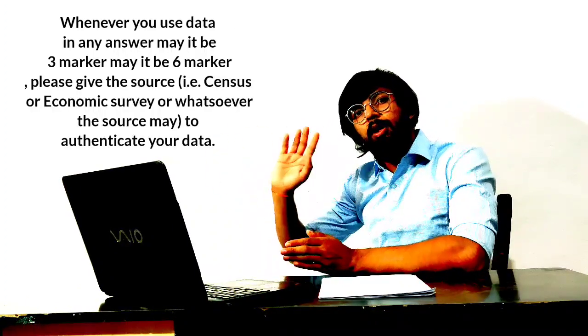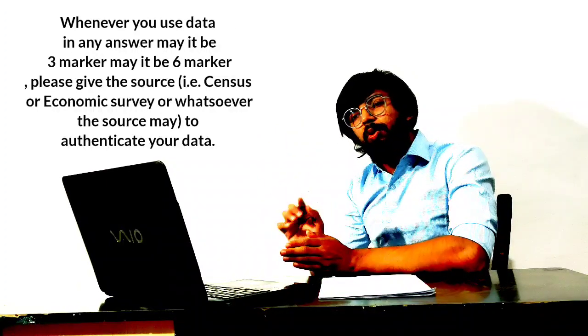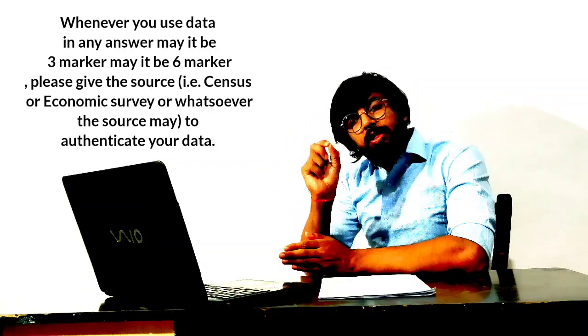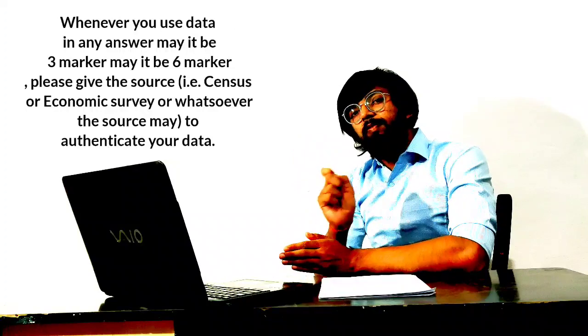But the more interesting part, the better part, while addressing such type of question, would be: you can first write the IMR of MP as factual data. Also in bracket you should definitely authenticate your answer by giving the source of the information.